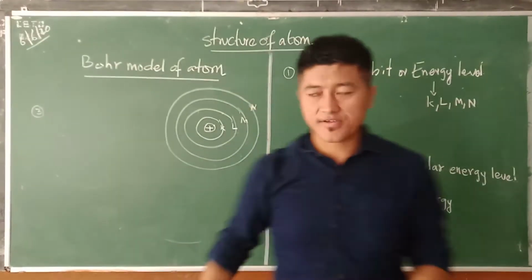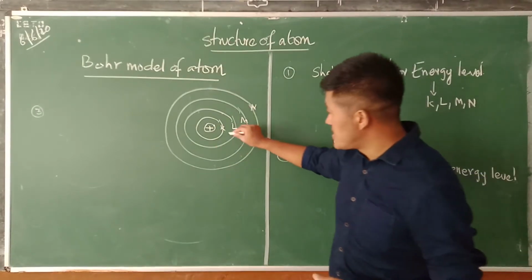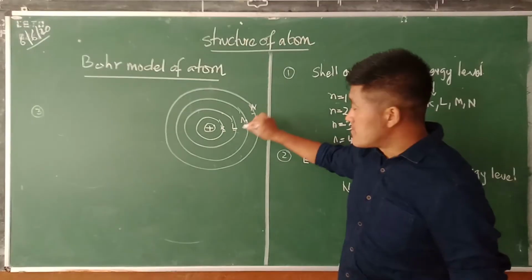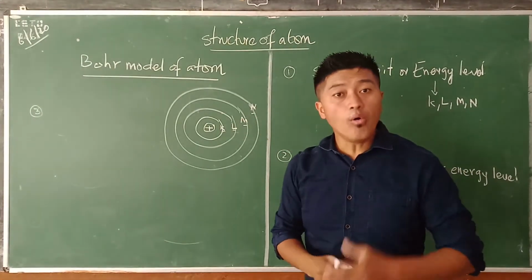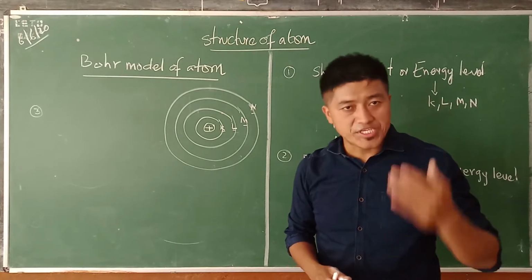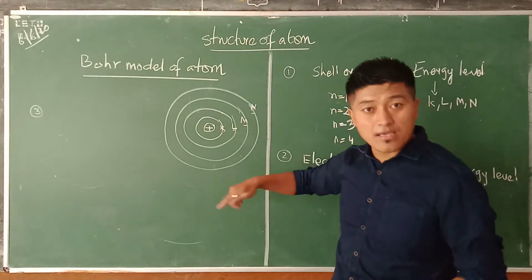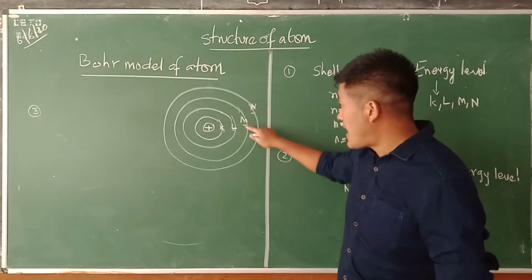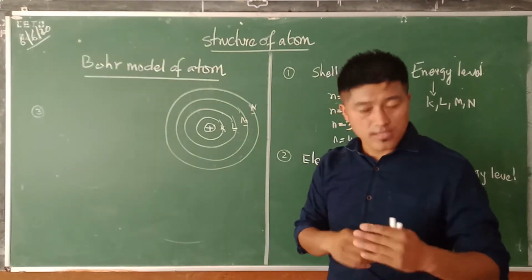What has he said regarding the third postulate? According to Niels Bohr, the shells K, L, M, N have their own energy. For example, the K energy level has its own energy, whereas L has its own energy. M and N all have their own different energies. Is that clear?